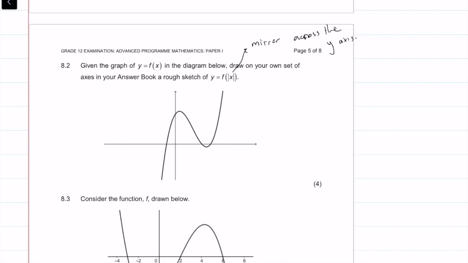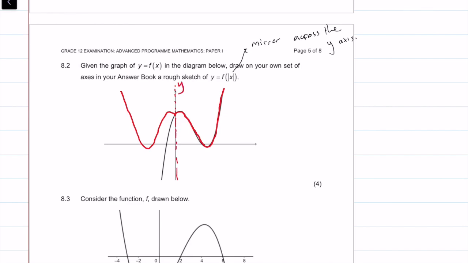So basically I'm going to mirror this. Let's say this is what the graph looked like, and I'm going to mirror it something like that. Oh, that's not right, sorry, it's going to look something like that. So I'm mirroring it across that axis, the x-axis.